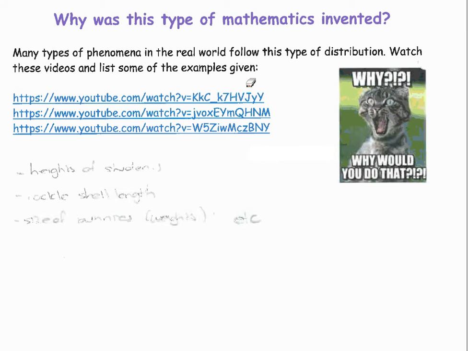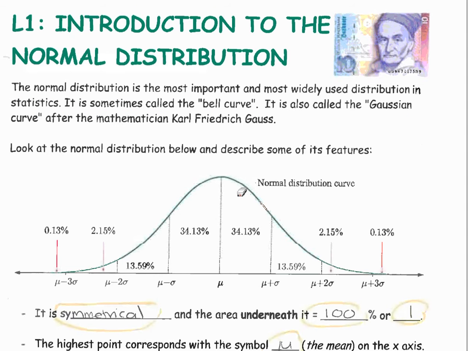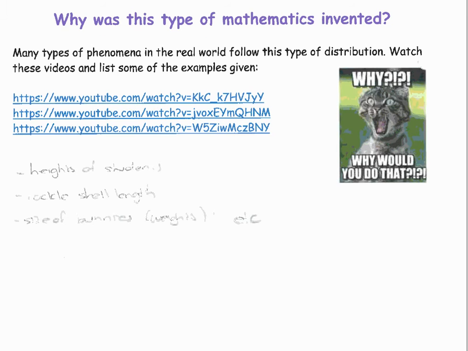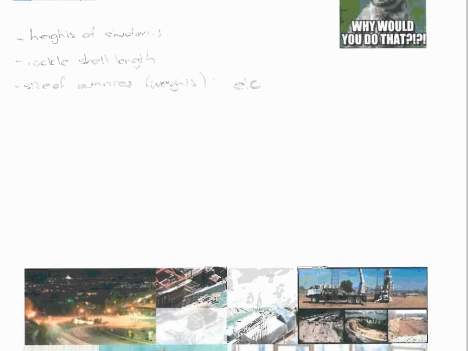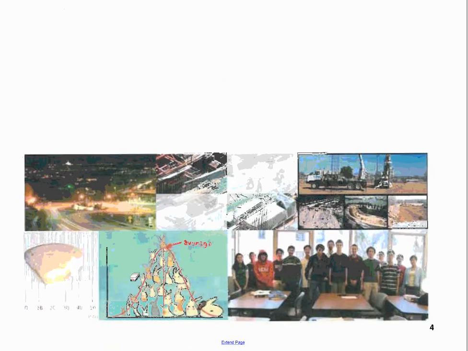So heights of students, for example, cockle shell lengths, like a lot of things in biology, follow these normal distributions, the size of bunnies, the weights of bunnies, etc. Generally the majority of people, or animals, are in the middle, and only a small amount are really short, for example, and only a small amount are really tall. So there's a lot of phenomena in biology and society in general that follow these kinds of normal distributions.